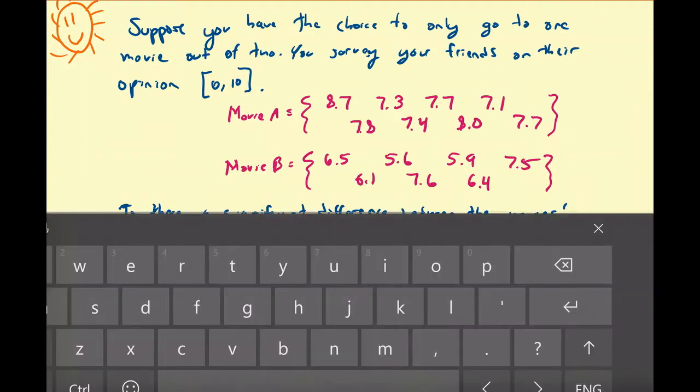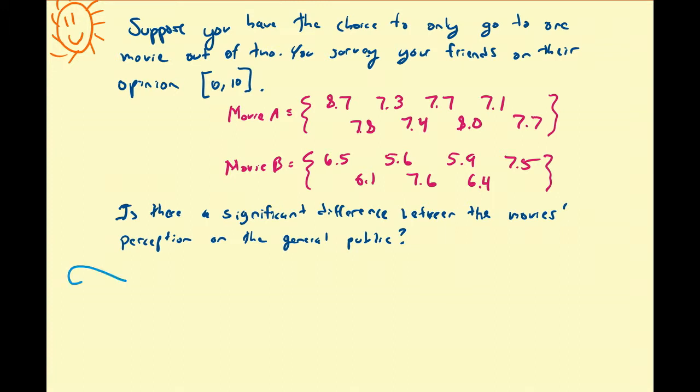All right, so let's go through the process for this type of hypothesis test. We're going to use the mean to characterize which one is better. So the null hypothesis is that mu A equals mu B. If that is true, then there's no significant difference between the two.